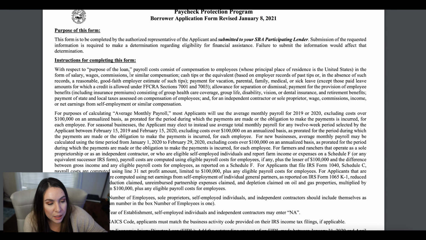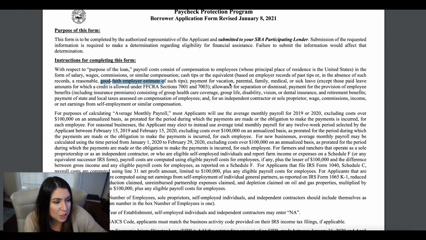So, instructions for completing the application. With respect to the purpose of the loan, they talk about what consists of payroll cost, which is the compensation to employees whose principal place of business is within the United States. And then it talks about the forms that it has to be salary, wages, commissions, or similar compensation. If you pay your employees tips and you do not have records, then you need to provide a good faith estimate.